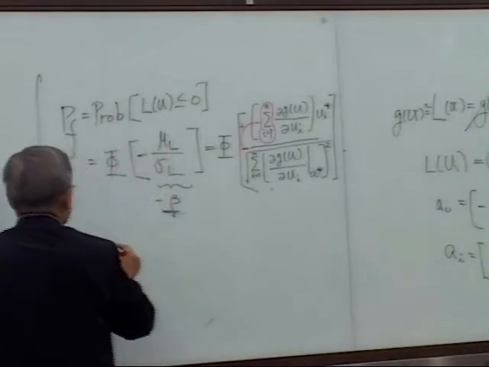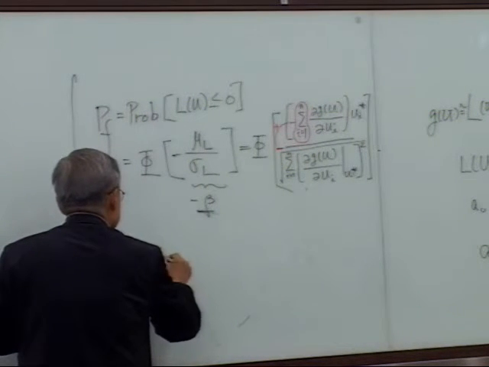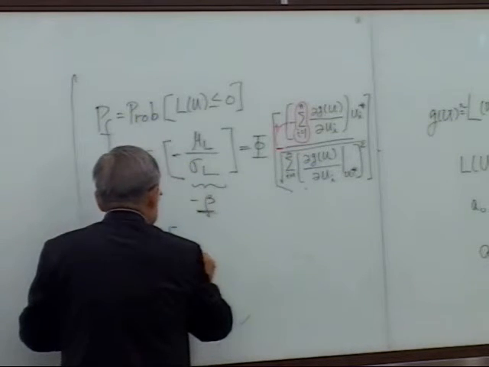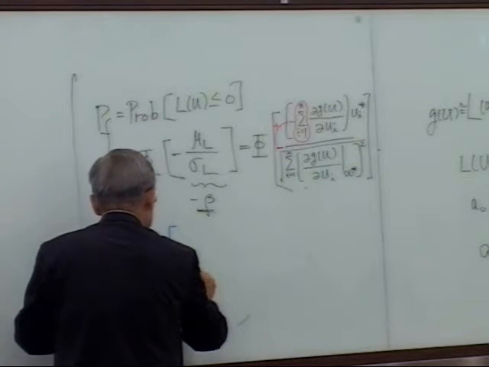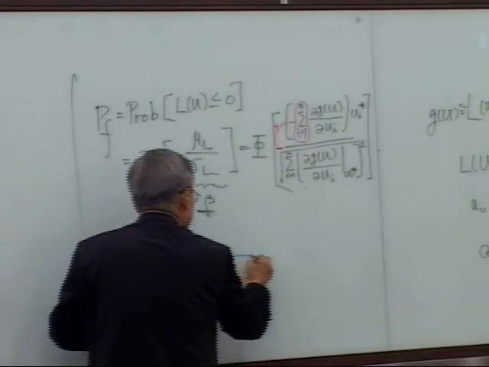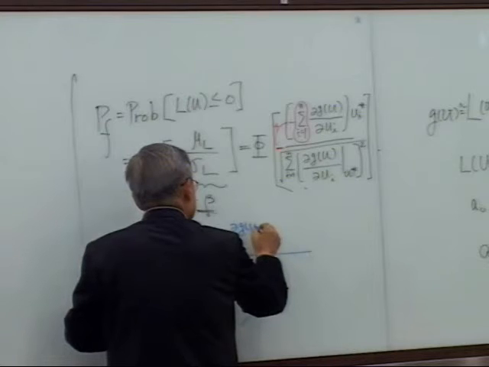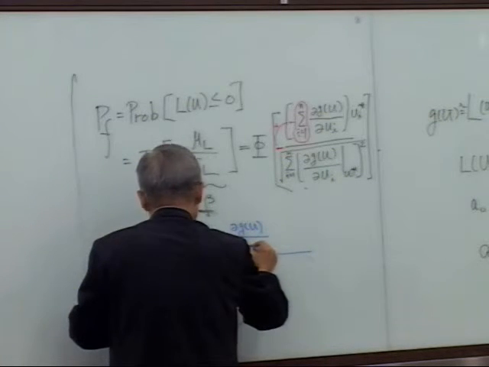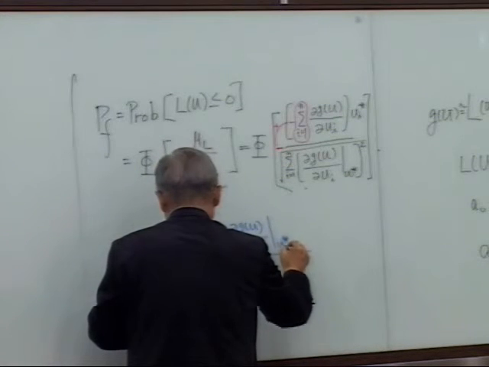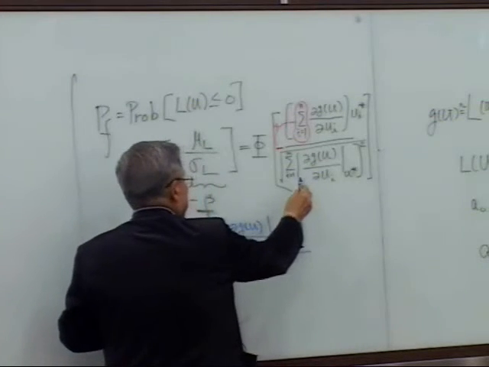So I can say that that is equal to phi of the summation I equals 1 through n of del G U over del U I at U star, and the square root of the whole thing.